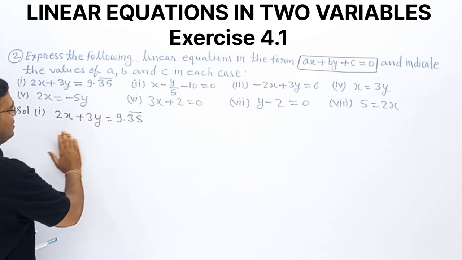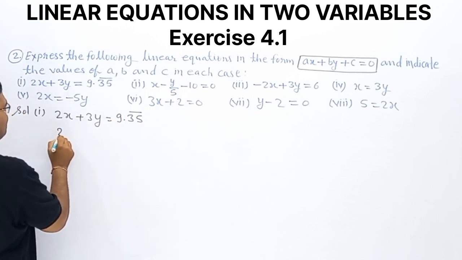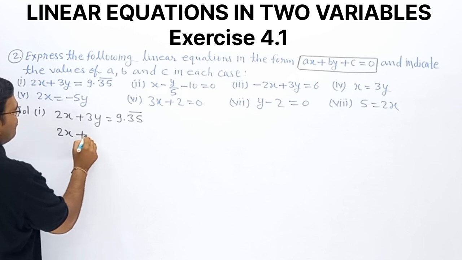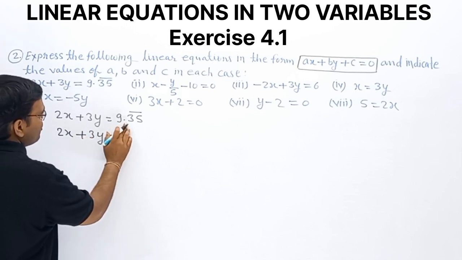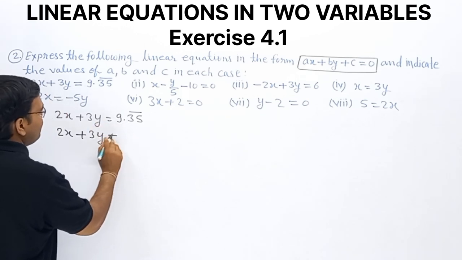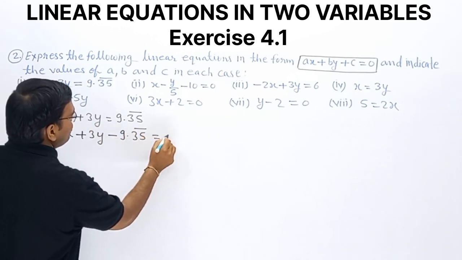First we will write this equation in the general form. So what will be the general form? Transposing the right side towards the left, we get 2x plus 3y minus 9.35 bar equal to 0.